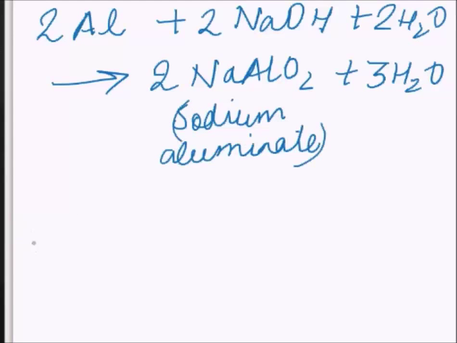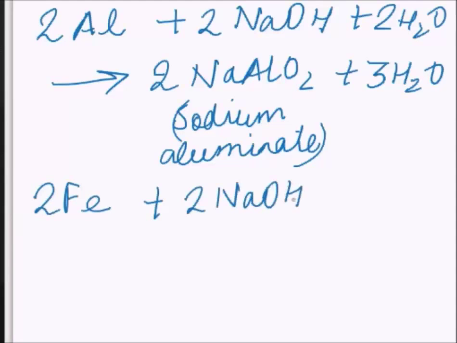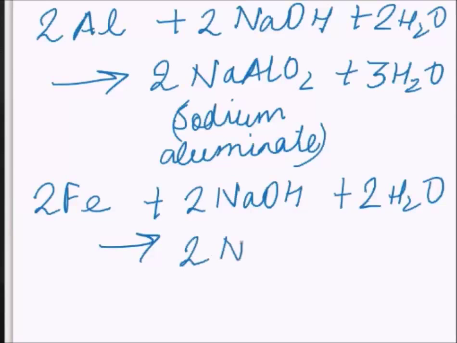Now next chemical reaction is of iron, Fe. When it reacts with sodium hydroxide, NaOH, along with water, sodium ferroate will be formed, NaFeO2 plus hydrogen.